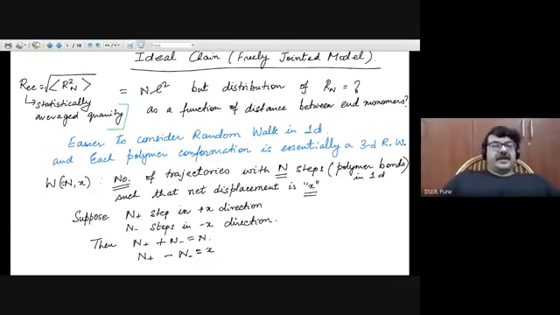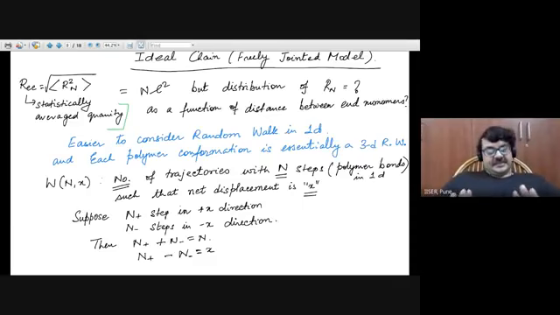And we want to find out the number of trajectories, or rather number of conformations, which corresponds to a particular value of x, or equivalently a particular value of end-to-end vector.